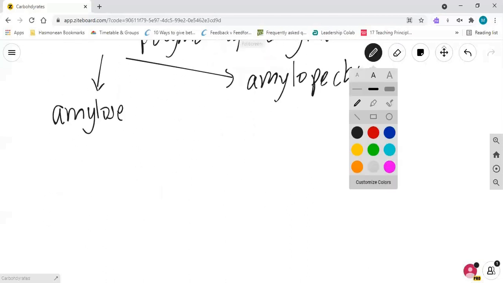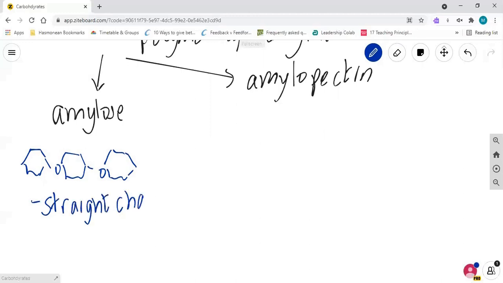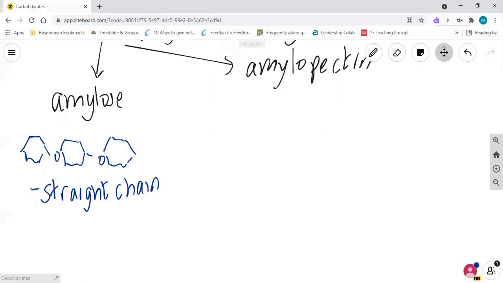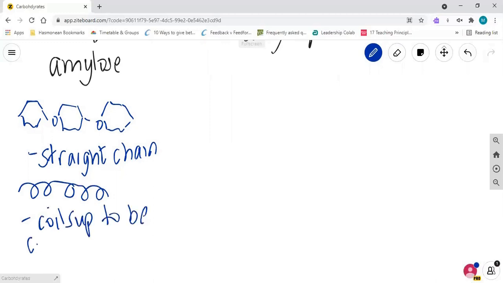So amylose is as we're used to thinking. It's a straight chain. Okay, that's important. And because it is a straight chain, it tends to form coils. So it coils up to be compact.